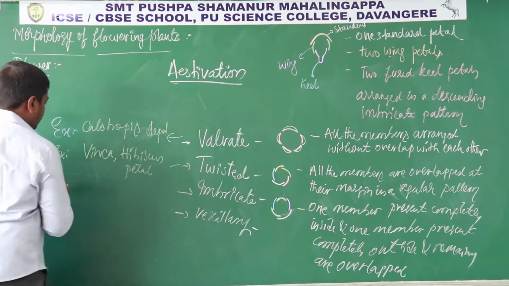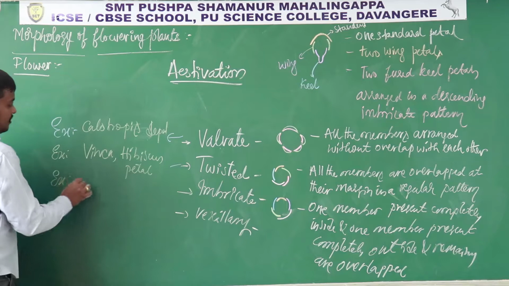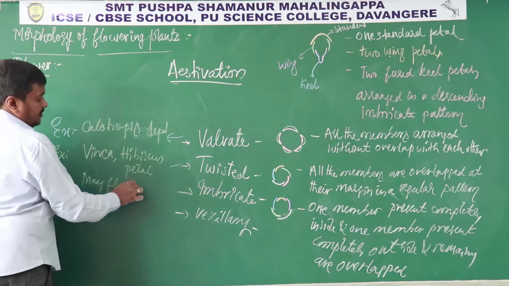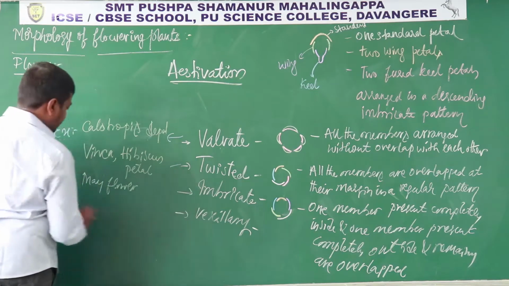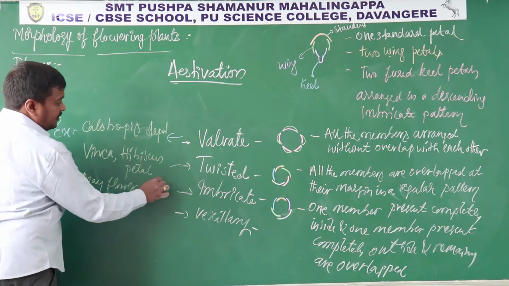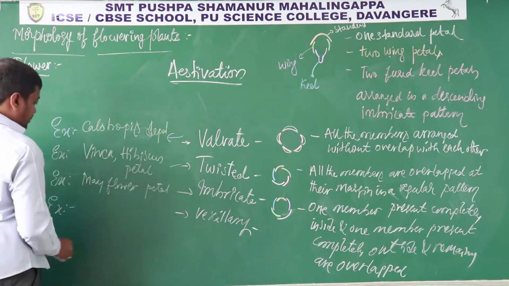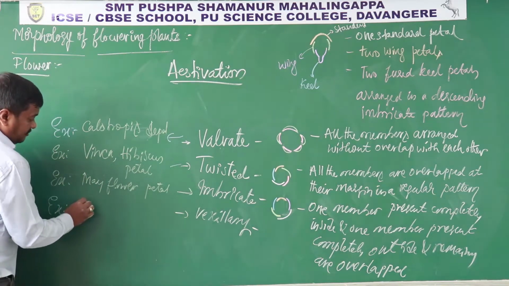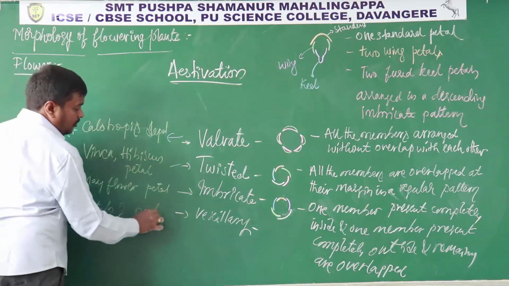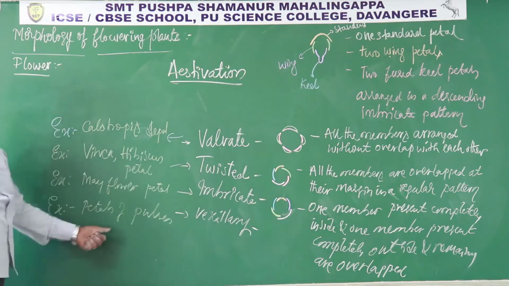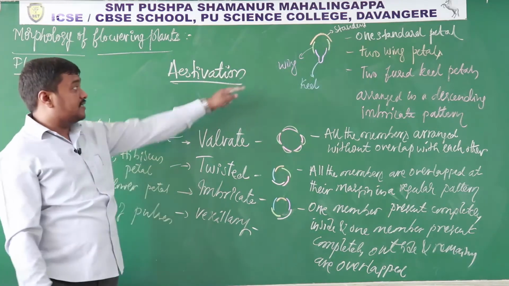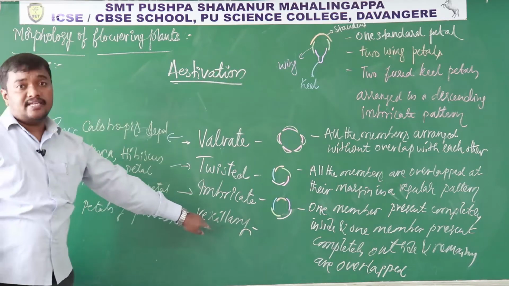Imbricate estivation we can see in mayflower, and vexillary estivation can be seen in the petals of all pulses, all the plants that produce dal. This arrangement, vexillary estivation, is present in all of them.